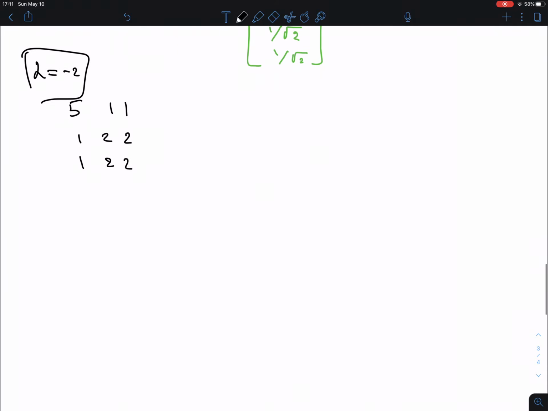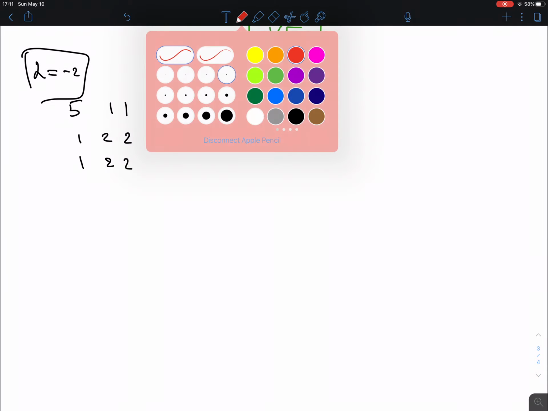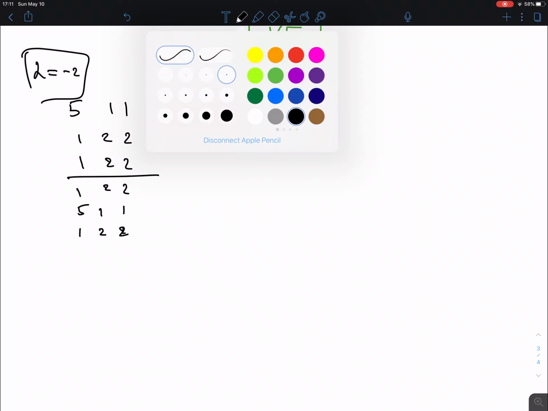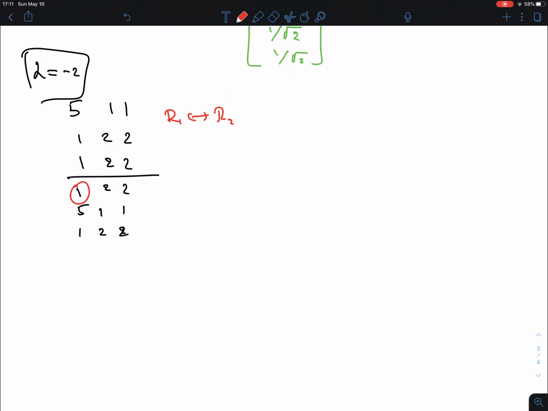Okay, so this is it. Let's swap row 1 with row 2 to get a 1: (1, 2, 2), then (5, 1, 1), and then (1, 2, 2). Then I do row 2 minus 5 times row 1, row 3 minus row 1.